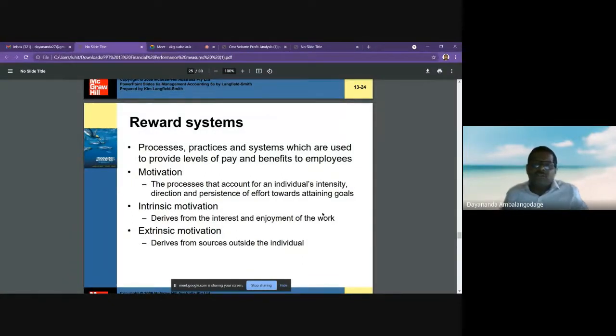We don't punish them. We don't closely monitor them, but we just encourage them to achieve goals themselves. That's called the motivation. Then there are two types of motivation.